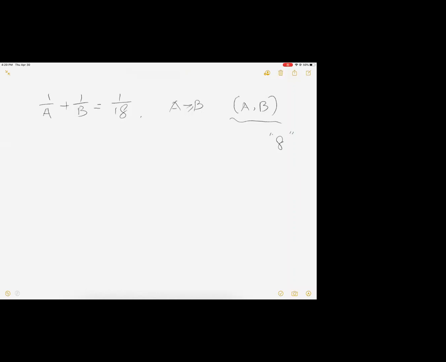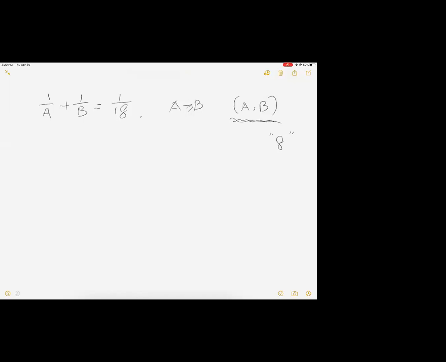So this is asking for how many pairs of A and B. One thing I want to look at is 1 over A plus 1 over B is 1 over 18. So what's the range of these numbers?